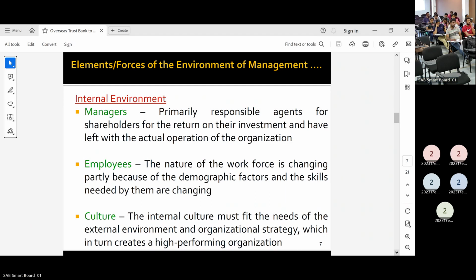Then employees can influence the organization in this way. They are coming from the workforce. The nature of the workforce is changing today. That is called workforce diversity. That's how employees should be understood. They are coming from different backgrounds to the organization, and now we see high workforce diversity.